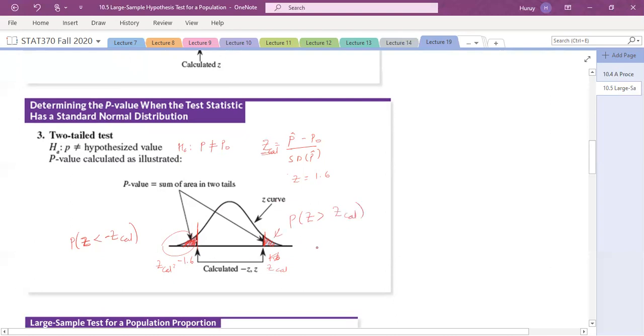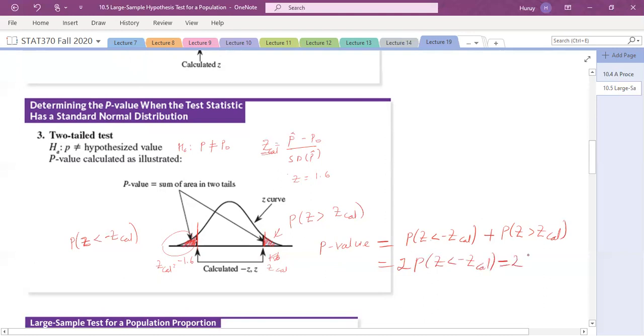Therefore, the p-value in this case will be the probability of z less than negative z calculated plus the probability of z greater than z calculated. Since these two areas are the same, this is just 2 times the probability of z less than negative z calculated.